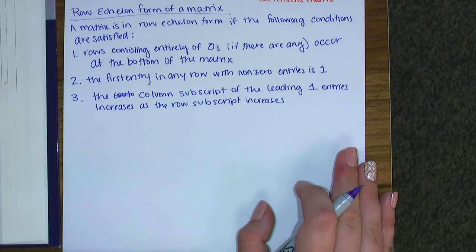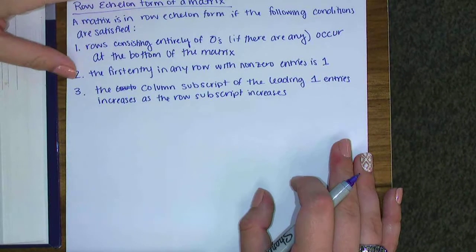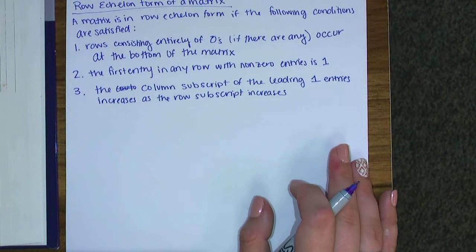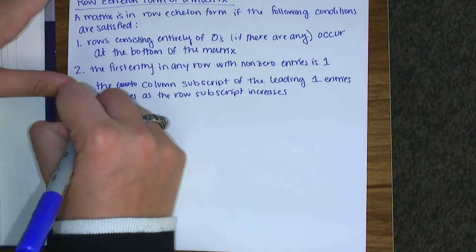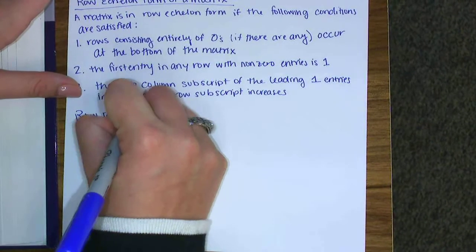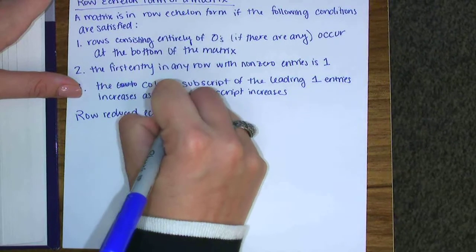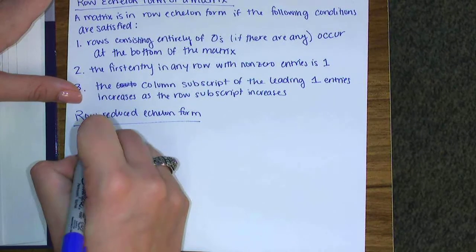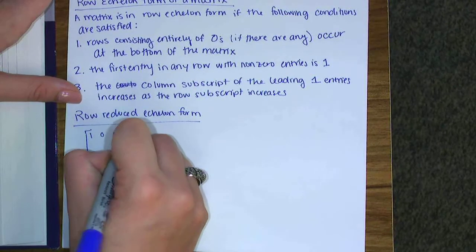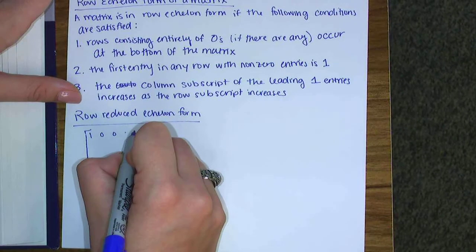Not to be confused with this next one, row reduced echelon form. It basically would look something like this: 1, 0, 0, and it's going to have some number over here.